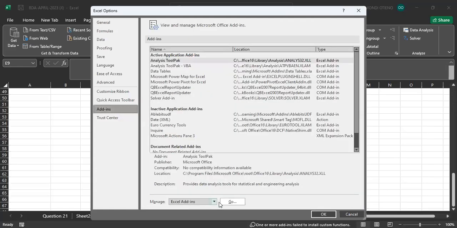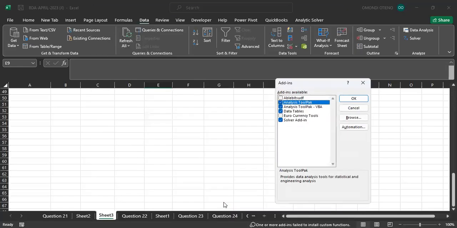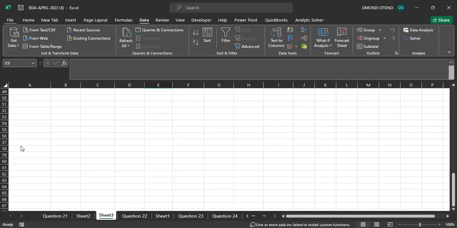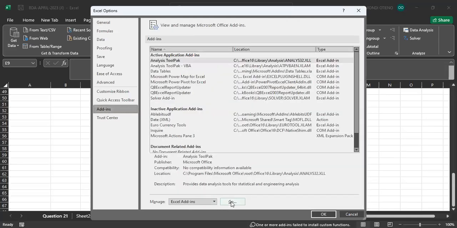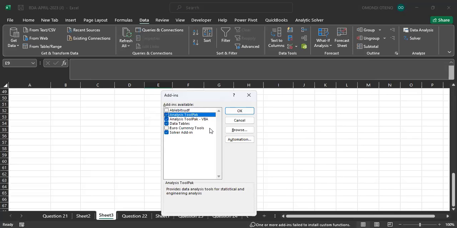Good. So you get to this part. Nimeipata. Go to file, more options, add-ins. Then you get to this part of go. Na utafika hapa. Ukifika hapa, there's analysis toolpack, na kuna analysis toolpack VBA.